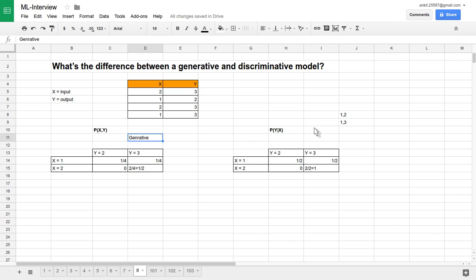Now let's see conditional distribution, and that is nothing but our discriminative model.